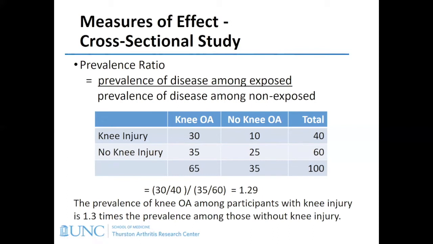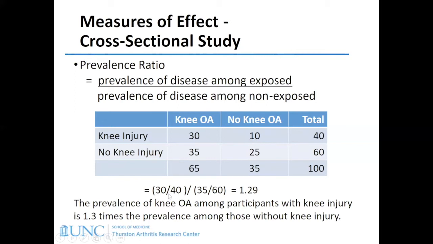So we have a table here where we're stratifying and showing what the numbers are for knee injury and knee osteoarthritis as being 30. And then we want to see out of the total number of people who have knee injury, which is 40, how many of them have OA.